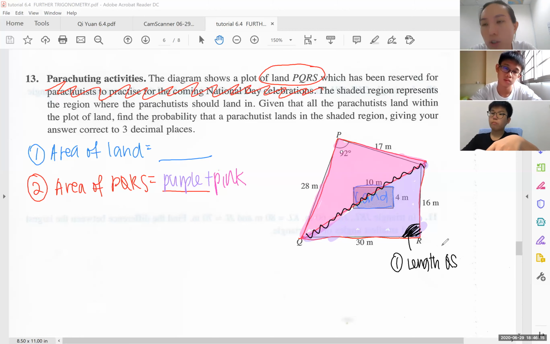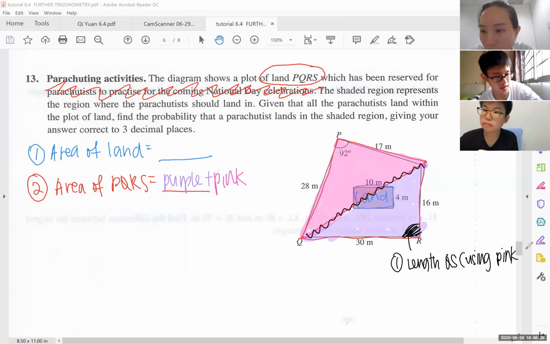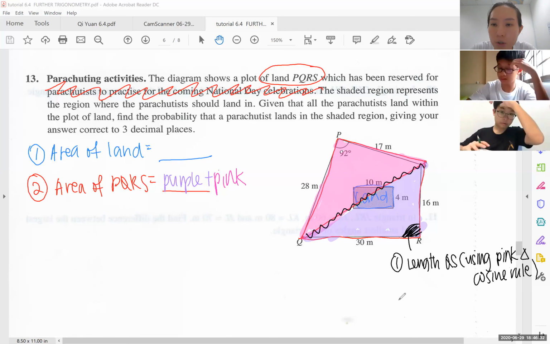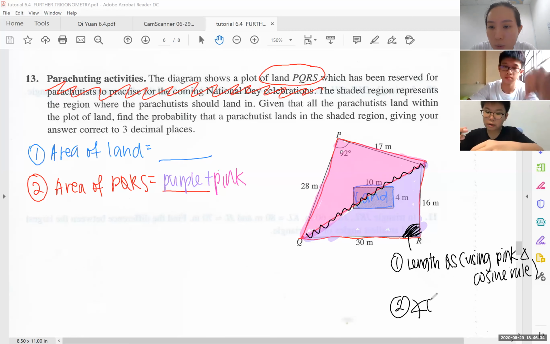Now how to find the length of QS? Using which triangle, pink or purple? Pink. Yes, using the pink triangle and which rule? Cosine. Yes, using the pink triangle and cosine rule, I'll get the length of QS. Once I have the length of QS, do you think I can find my angle QRS already?